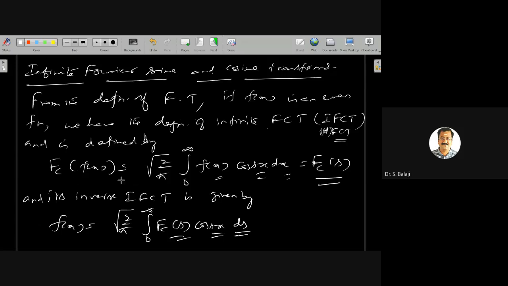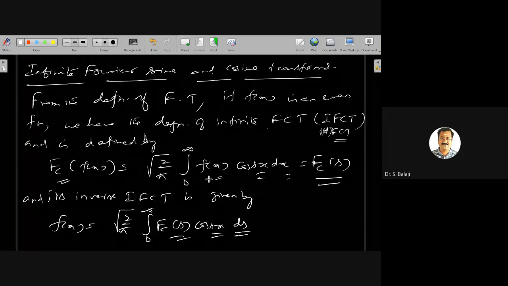FC of f of x, because it is the Fourier cosine transform, therefore we use the notation C. FC of f of x is equal to root of 2 by pi. Instead of 1 by root of 2 pi, we can use root of 2 by pi because of the 2 into 0 to infinity, that idea. The 2 in the root cancels, and you get root of 2 by pi integral 0 to infinity f of x cos sx dx.